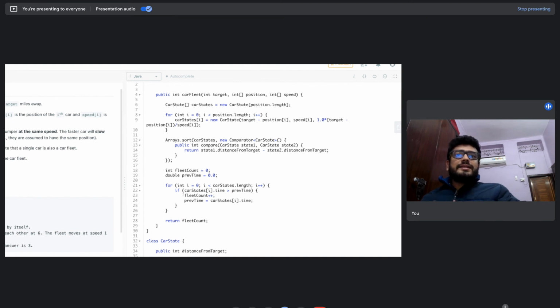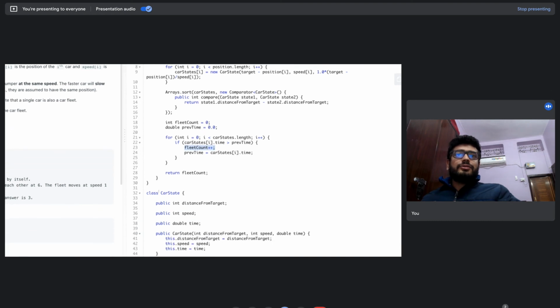And then the last step is that we are going to traverse across this sorted array, and check how many fleets we have by the algorithm that I have already explained, and through that we are going to get this final fleet count. So basically that's how we can write the code for this problem. This is an accepted solution on LeetCode.